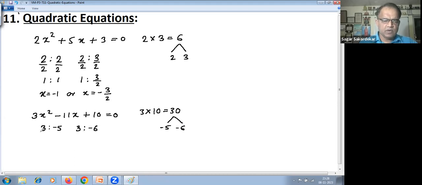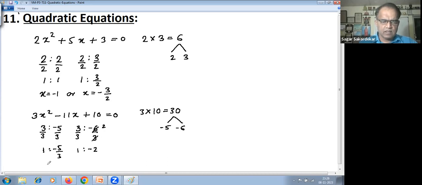So because we want 1 here, divide by 3, and you should do it on both sides. Again, we want 1 here, divide by 3, on both sides. So 3 divided by 3 is 1. So this remains as 5 upon 3, and this is 1, and this can be simplified. 3 into 2 is 6, so minus 2.